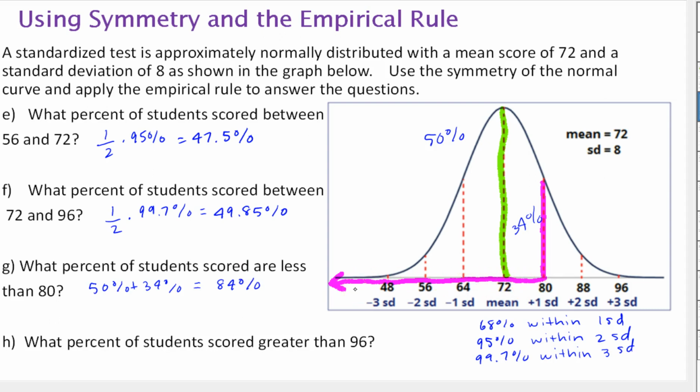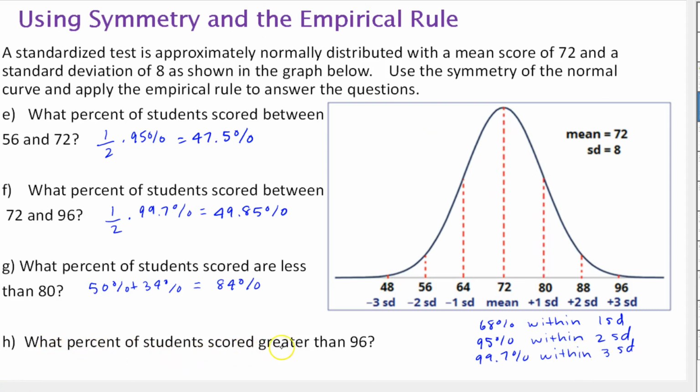So notice if you're given a question where it says less than, it's only 1 boundary value, or greater than, you're likely going to use either 50% or 100% in your computation, and then some part of the empirical rule. One last question.